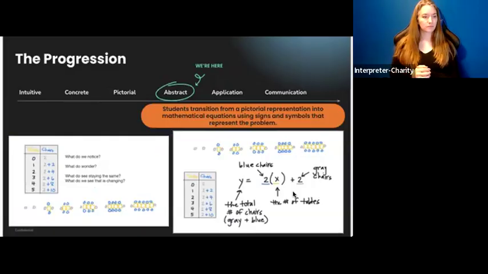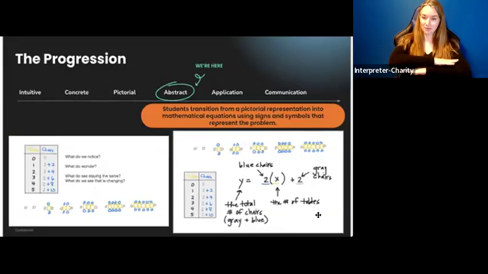Now from here, we're going to move into setting up the equation. What does it look like to have the total number of chairs, which is what we're searching for, as our dependent? And what is it dependent on? Well, it's dependent on the number of tables we have and the 2 chairs we started with.